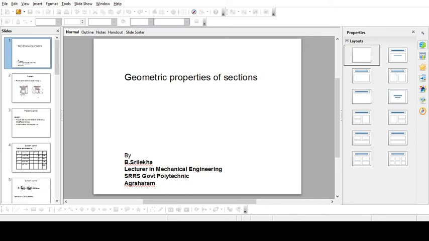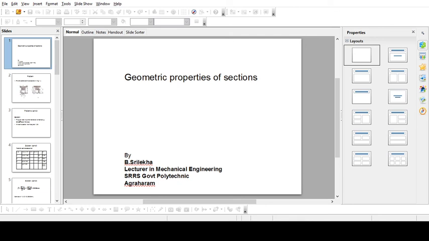Then we need to denote the dimensions of each section, and after writing the dimensions, next we need to write the areas of each section, that is a1, a2 and a3, etc. The respective areas of the sections have to be noted down.